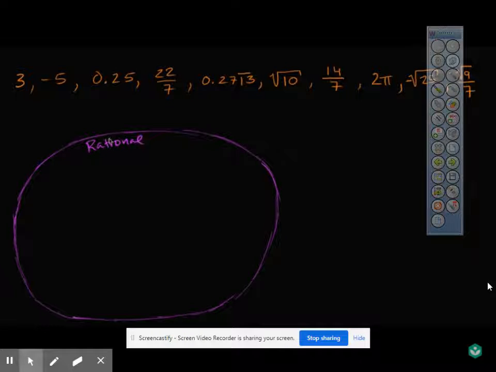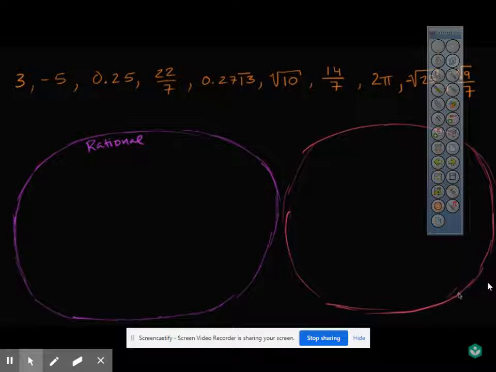And if something cannot be represented as a fraction of two integers, we call them irrational numbers. The size of these circles will show how large these sets are. There's actually an infinite number of rational and an infinite number of irrational numbers. So these are the irrational numbers. These cannot be represented as a fraction of two integers.